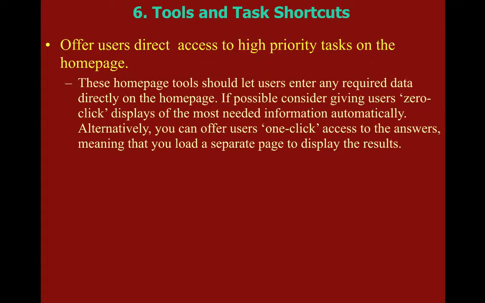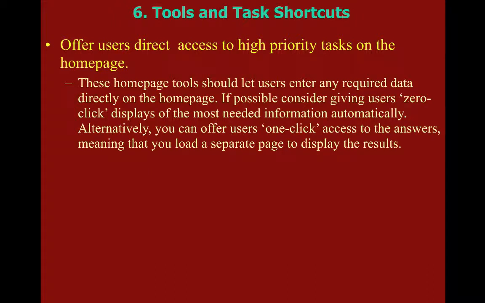Shortcuts, often some websites will have shortcuts to high priority tasks. So you have a website that is used to perform certain tasks. There could be shortcuts to it, right? And for instance, it could come in the form of a drop-down menu with links to specific pages within the website itself. Right? So the idea of these shortcuts is to reduce the number of clicks to do something.